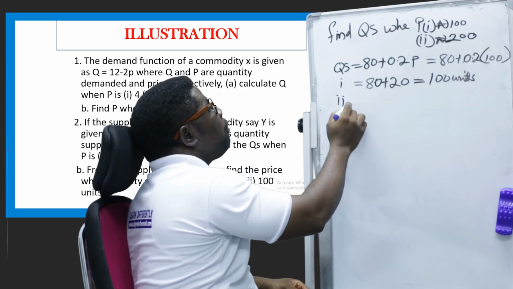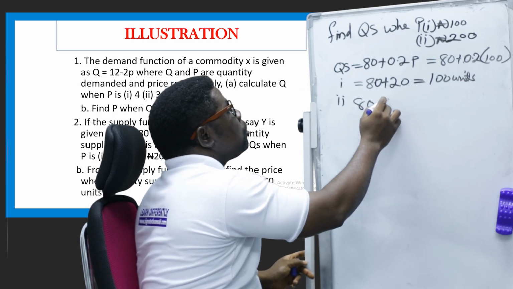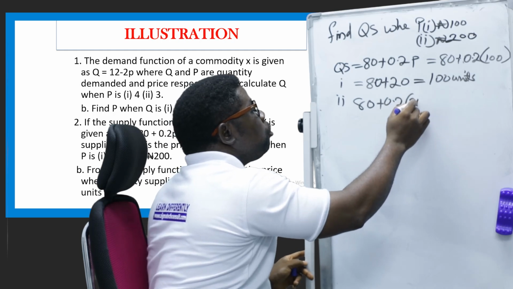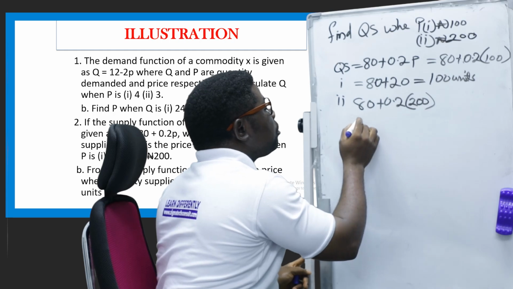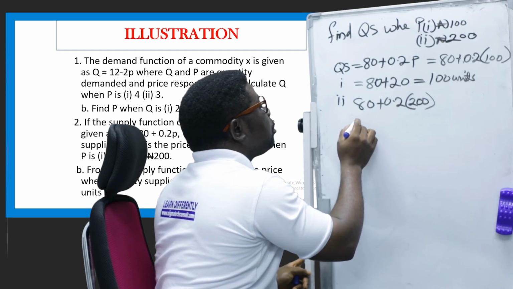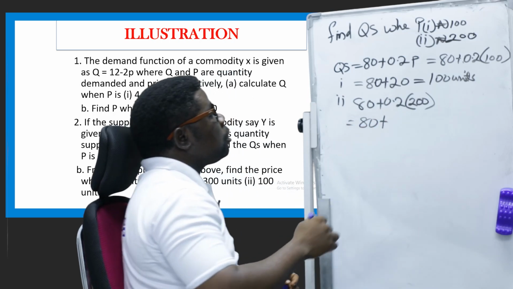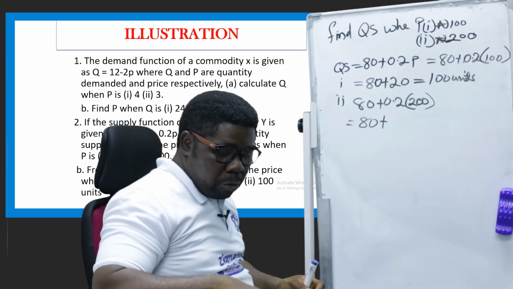Then II, we have again 80 plus 0.2 bracket 200. All right? Just equate it immediately. We're going to have 80 plus, this should be 40 now. Let's just check it before we conclude.